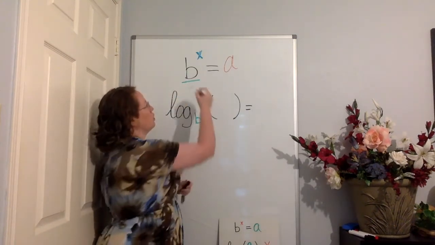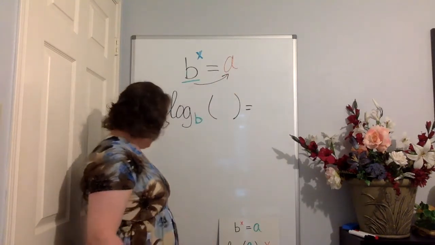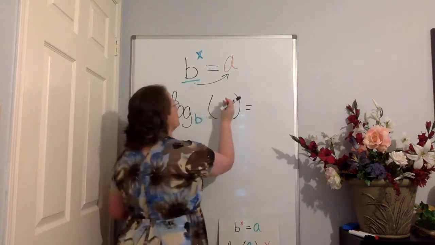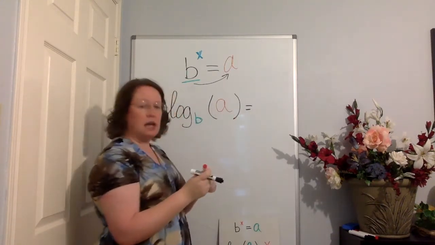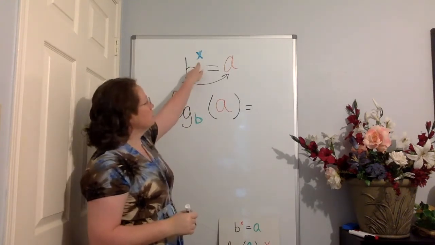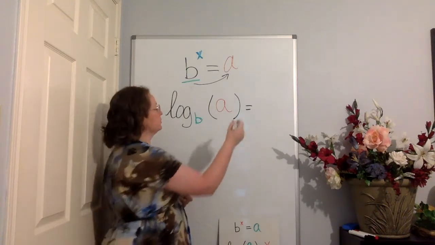From the base, you go across the equal sign, so the argument is what you write next. The argument is inside the parentheses, and it's now part of my log. And the last thing I write is the exponent.